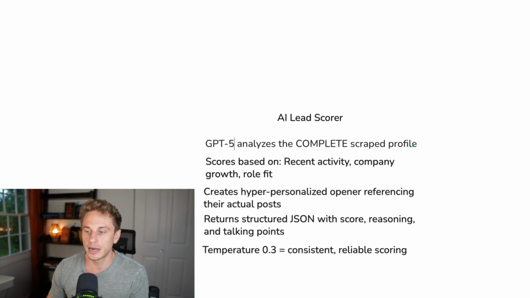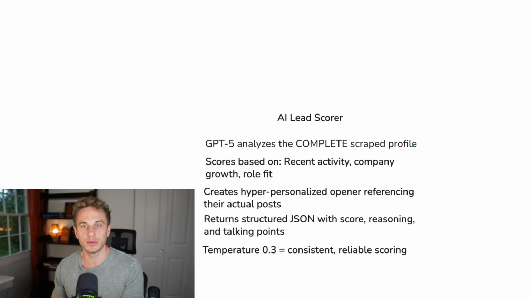From there, it's going to analyze the complete scraped profile, all the data that's pulled from Apify. It's going to score this profile based on recent activity, company growth, and how much of a fit that person is to reach out to. And then this is where the magic really happens. It's going to create a hyper-personalized opener referencing their actual post.